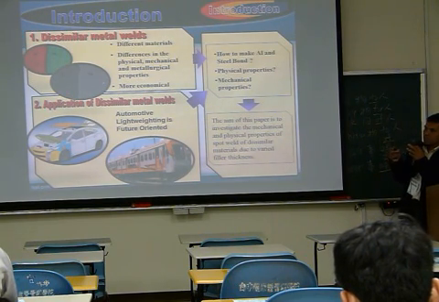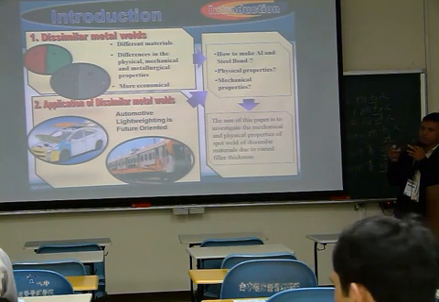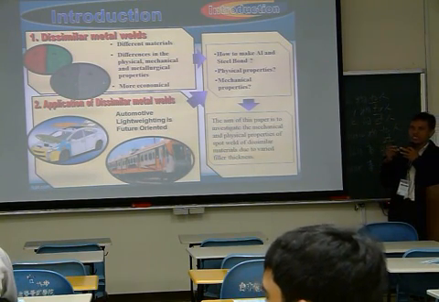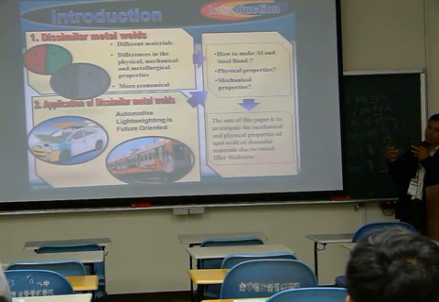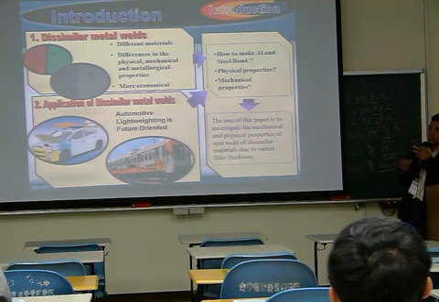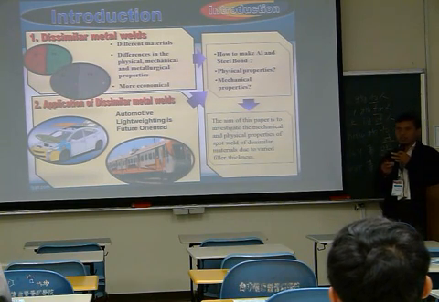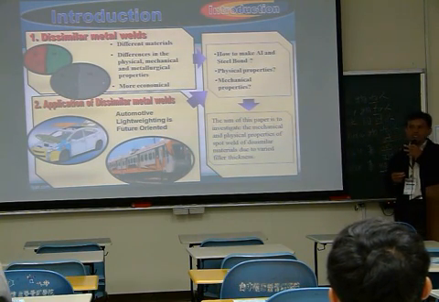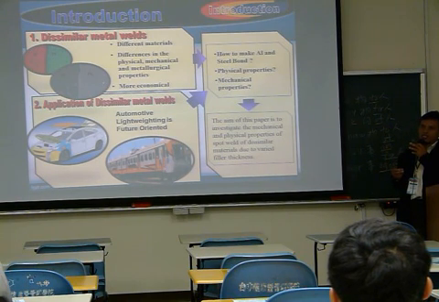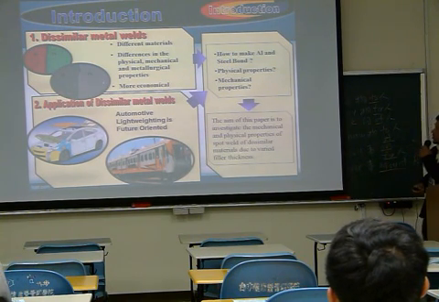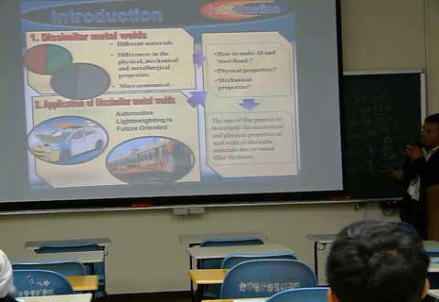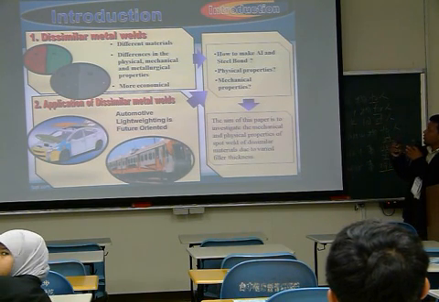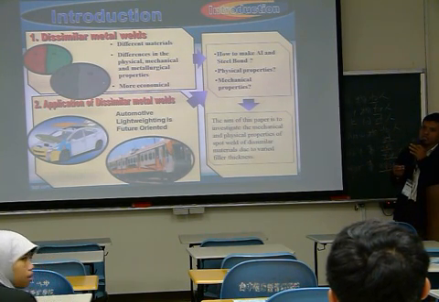But because there is demand for dissimilar metal, and because it's more economical than if we use aluminum for all of the construction, and because of the difficulty, in this presentation I will propose how to make aluminum and steel bond.